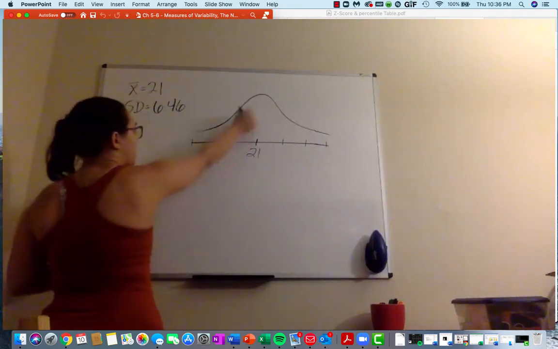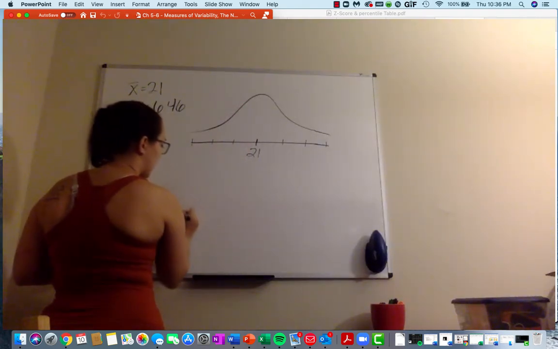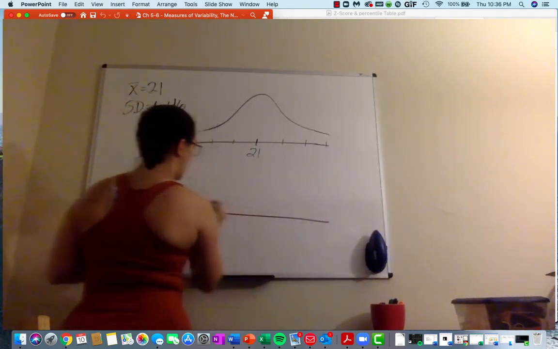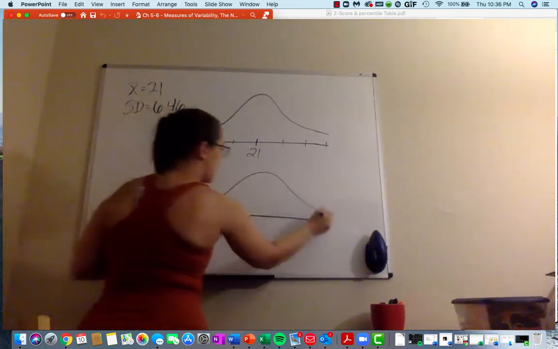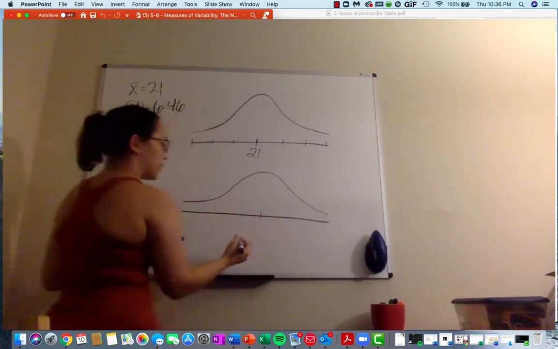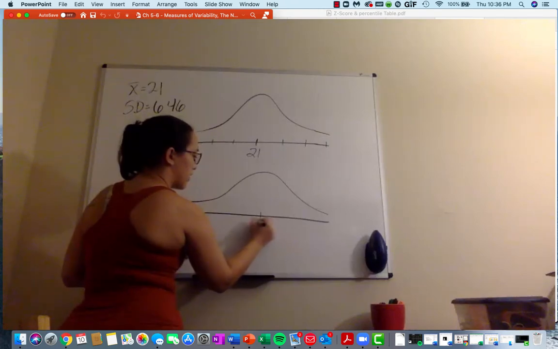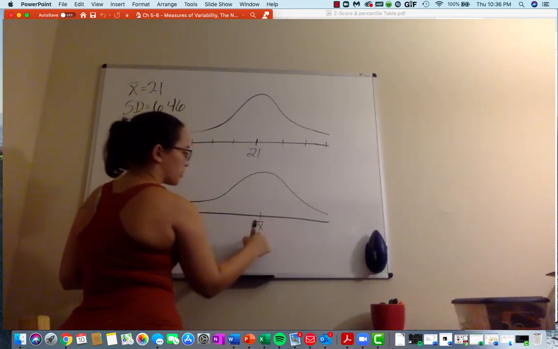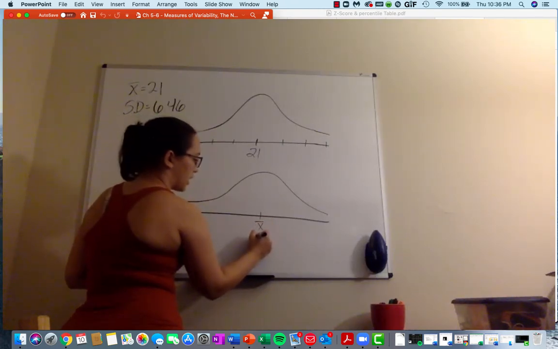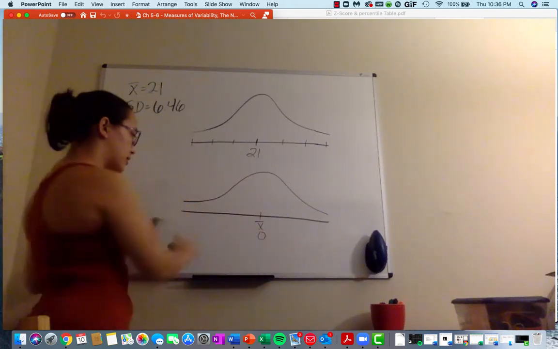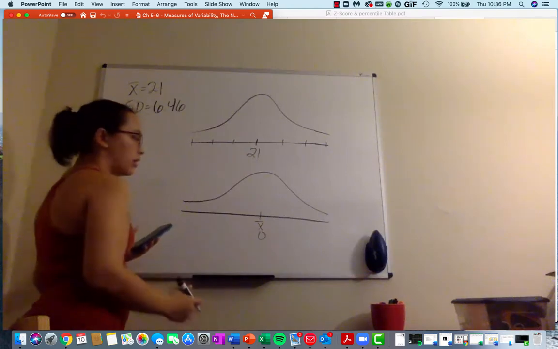So this is way 1 using our units, and then I'll show you method number 2, and either of these would be acceptable, right? You would either say this is the mean, or 21, or you could say this is technically 0 if this is in terms of standard deviations, right?